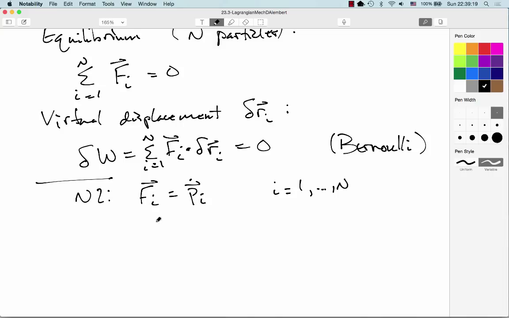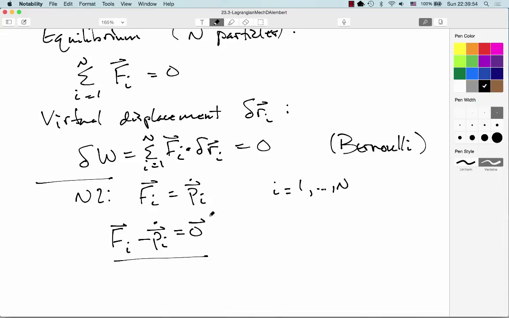What Dalembert did, and this is going to seem cheeky, but I promise it's important, is rewrite this as Fi minus Pi dot equals 0. I'm sure you're going to look at that and say, so what? The dude just subtracted Pi dot from each side. But this is actually a really big deal.